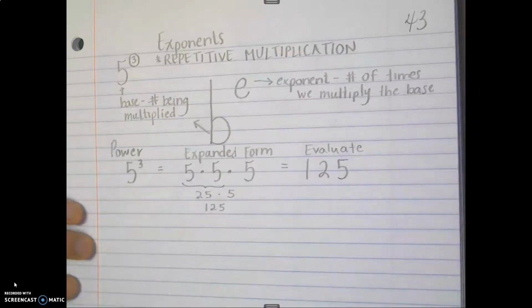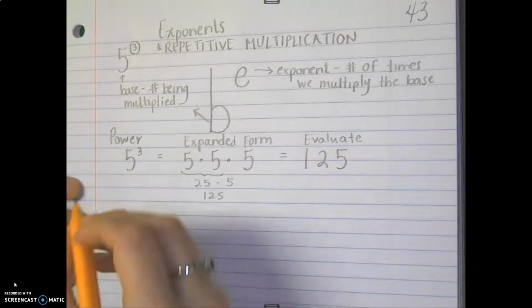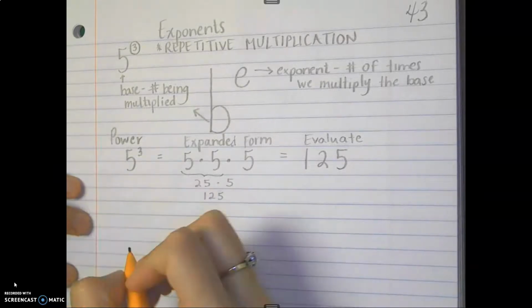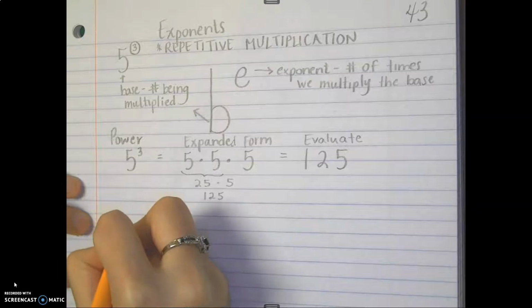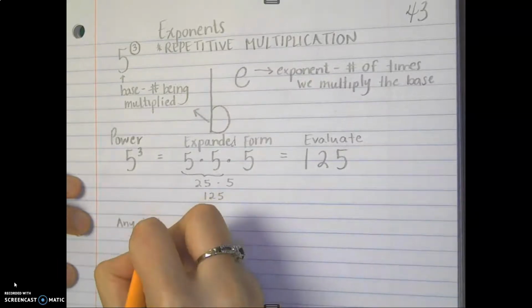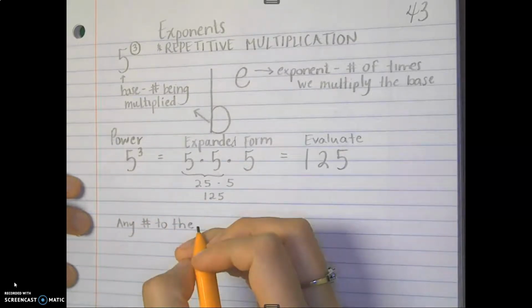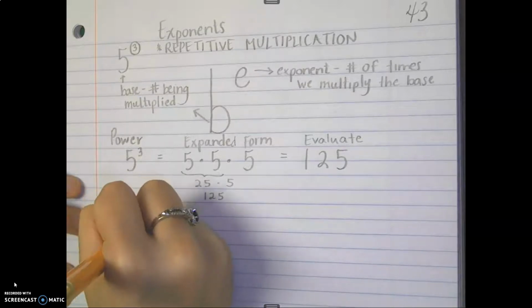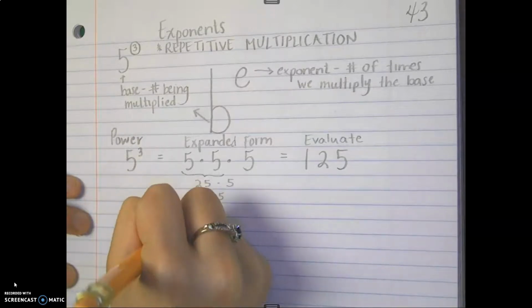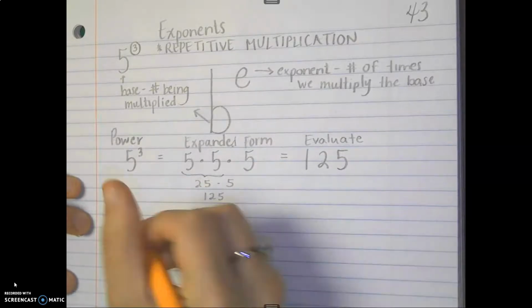So now these are some important rules to remember. So any number to the power of 0, meaning you have an exponent of 0, is 1.